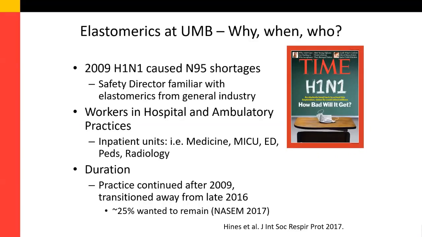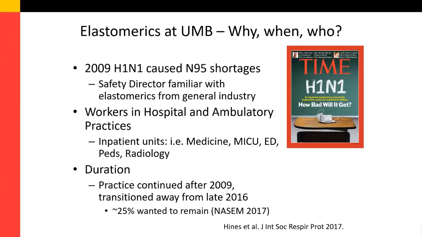Use of elastomerics as a regular part of respiratory protection continued in the hospital through probably late 2016, when people were transitioned more towards N95s. But even then, at least a quarter of the employees that were using elastomerics wished to remain in these devices.